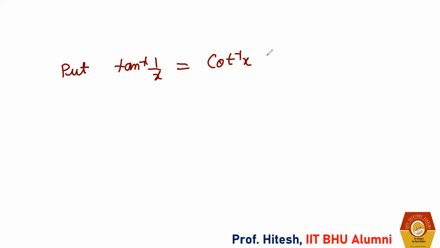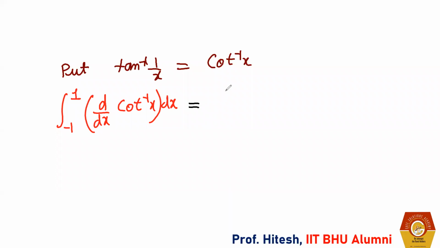Okay, now again please remember, integral from minus 1 to 1 of d by dx of cot inverse x dx. So differentiate it here only, from minus 1 to 1. Differentiation of cot inverse x will be minus 1 upon 1 plus x square dx. Now, any mistake? Now you know 1 upon 1 plus x square is an even function.